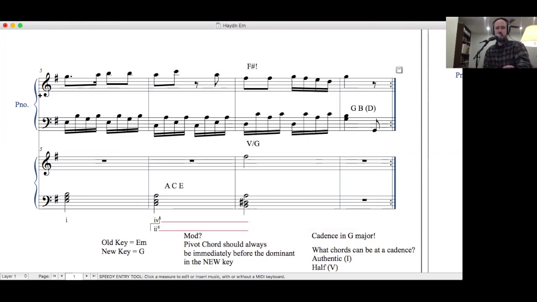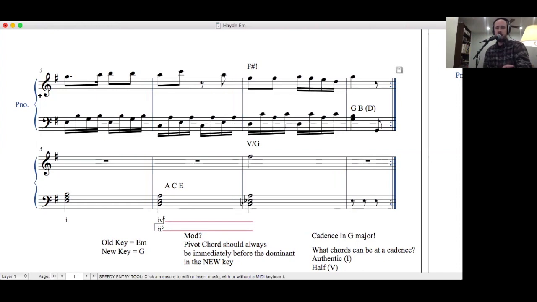Undo. All my mistakes. If only it were that easy, right? Nice. Okay, sweet. This chord is the pivot between them. The pivot doesn't happen here because it takes this chord as part of the progression to keep it going, right?